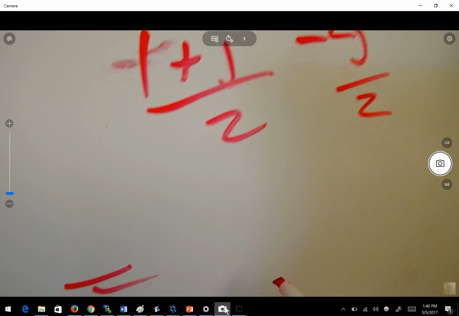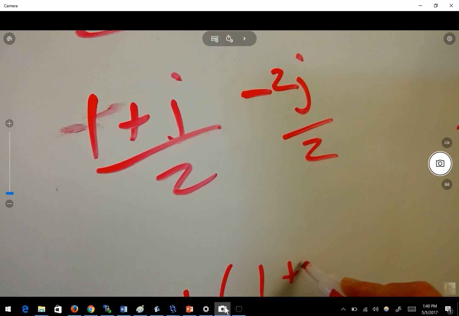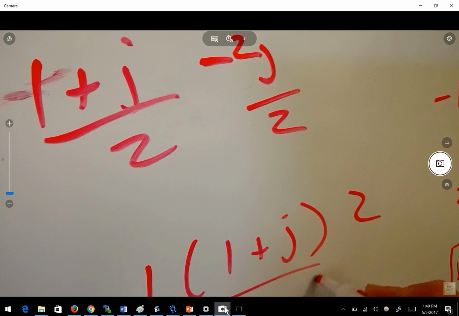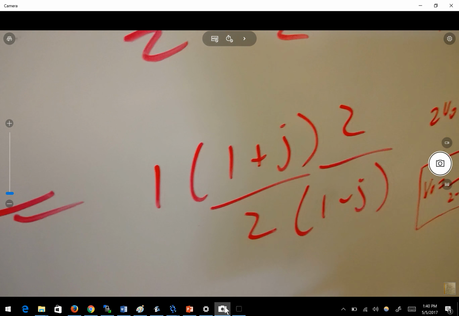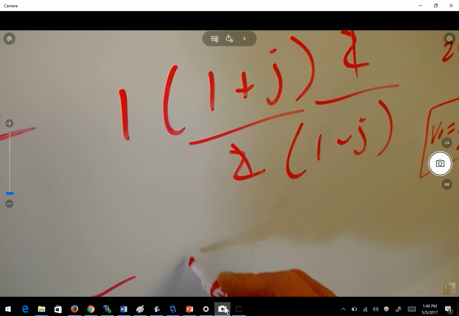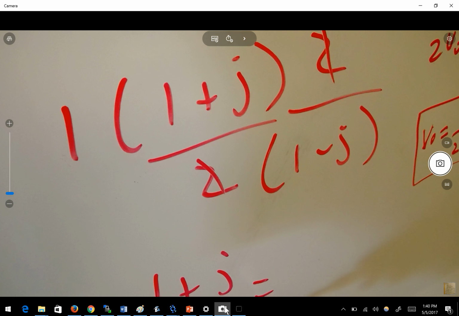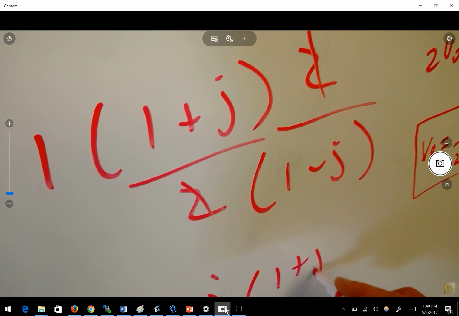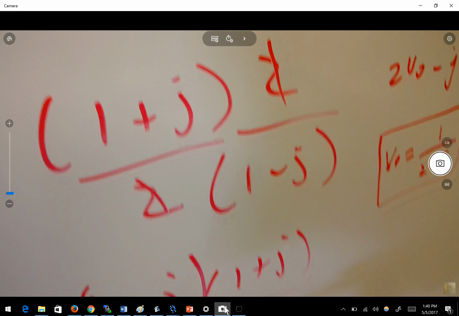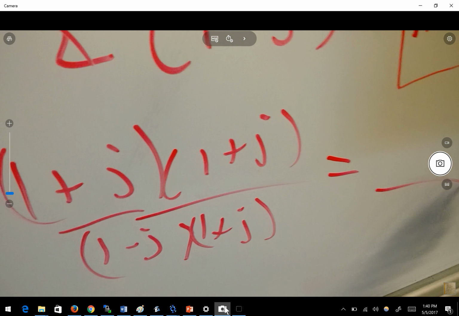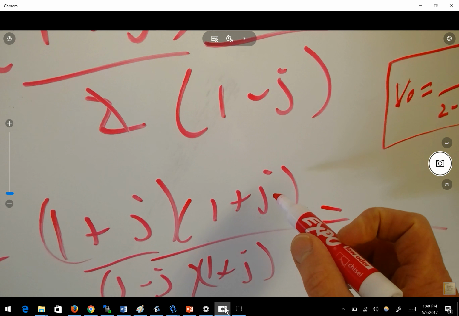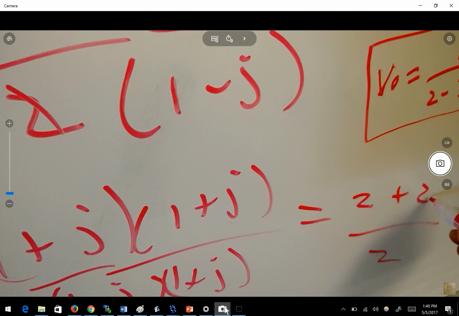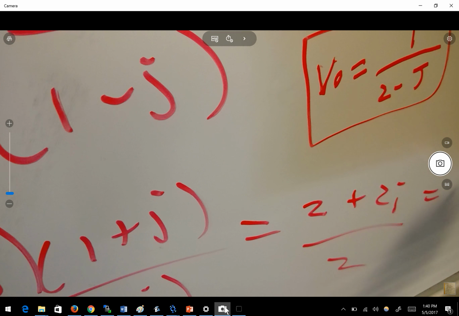So it's 1 times 1 plus J over 2 times 2 over 1 minus J, which equals 1 plus J over 1 minus J. Multiplying top and bottom by 1 plus J, the bottom is 1 minus J squared, which is plus 1, so 2, and the top is 1 plus 2J minus 1, so basically it's 1 plus J.